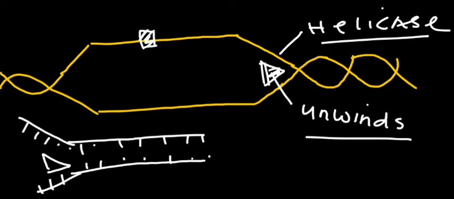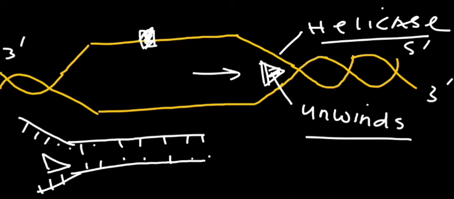It's going to start separating these 2 strands from the site called the origin of replication, then going in this direction. So we can say that this is the 3 prime to 5 prime end, then this is the 3 prime 5 prime end.